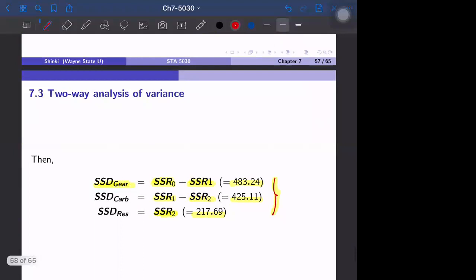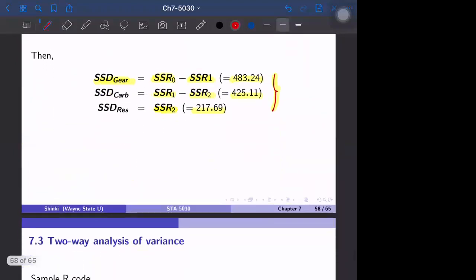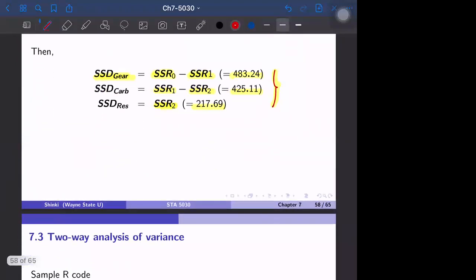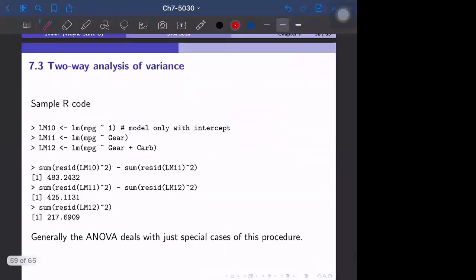In this way we can calculate the ANOVA table, and then you can calculate everything. So ANOVA is a special case of linear regression. But since we haven't studied the regression model with multiple predictors, we cannot really explain everything from the chapter 6 material.